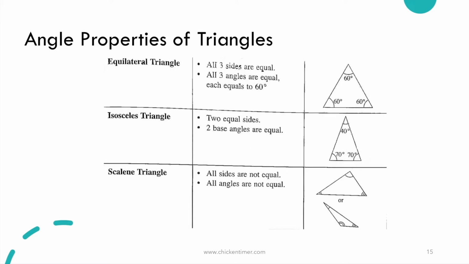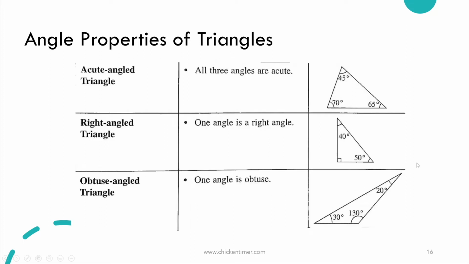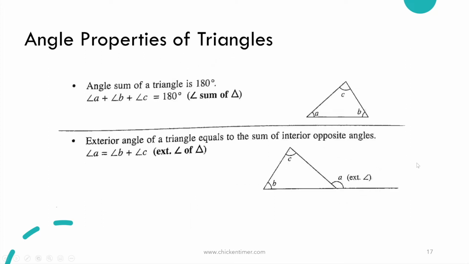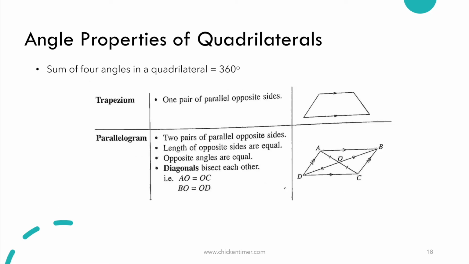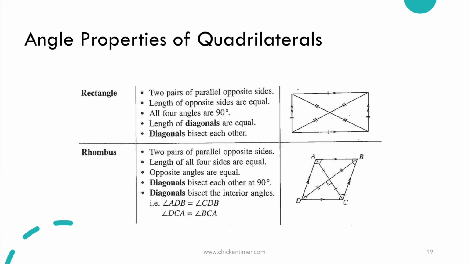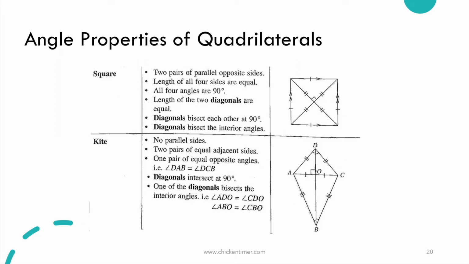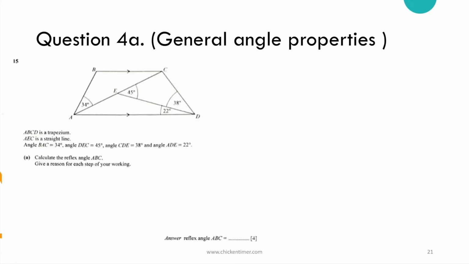We also have some other properties of triangles that you might want to look at. One thing to note is all angles in a triangle add up to 180. Then we also have angle properties of quadrilaterals, so trapezium, parallelograms, rectangle, rhombuses, squares and kites. You can read them too.